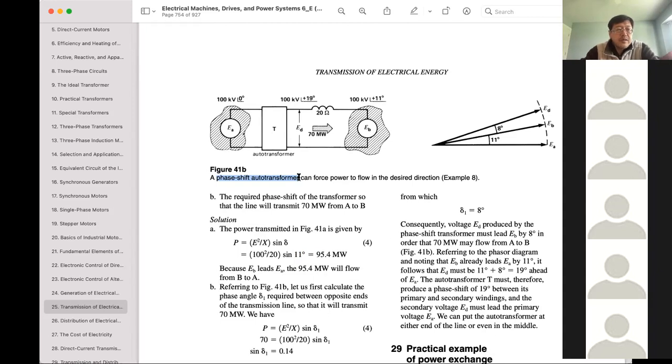It's a special transformer we covered when we talked about transformers. So a phase shift transformer sits between the interconnections. By controlling the phase shift transformer, we control the phase angles, and by controlling the phase angles, we control the power exchange between the two islands.